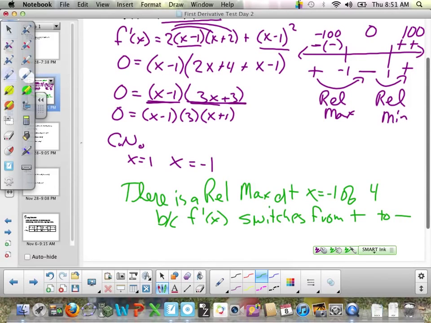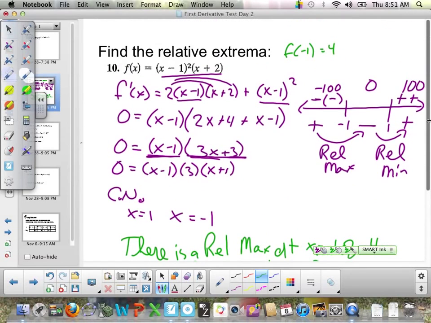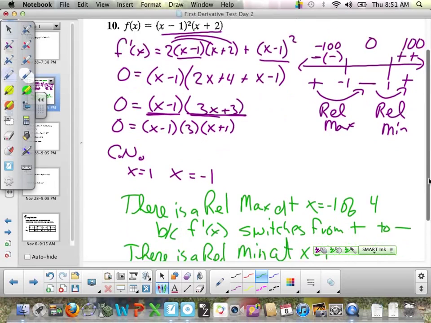And conversely, there is a relative min at x equals 1. And again, we can find it by plugging it in. 1 minus 1 is 0. Once we get 0 in a multiplication problem, we can stop.